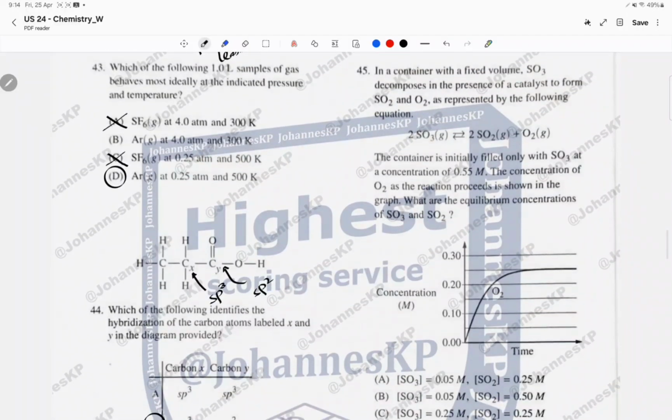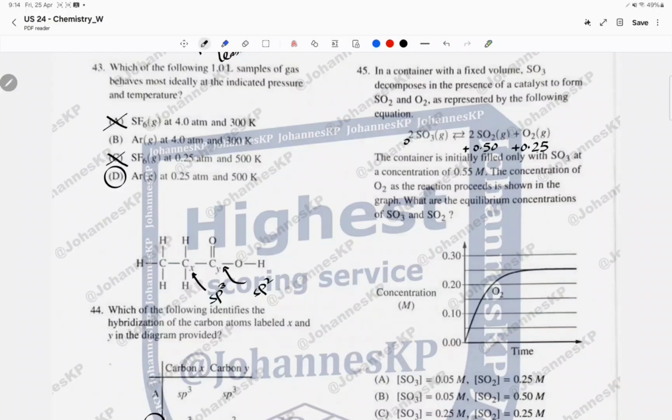Question 45. Right. So the O2 became 0.25. So the plus X is the 0.25. And the plus 2X would be 0.50.